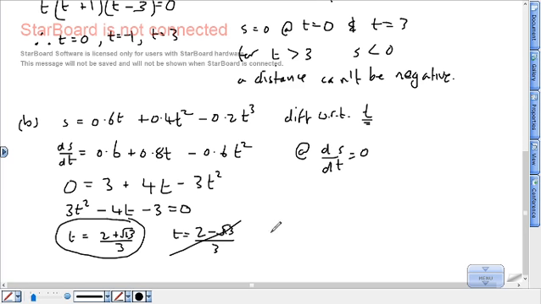And therefore, I've run out of space below, so to get the distance we're going to put that into this original formula. So to get the distance s, I'm going to put it in there.